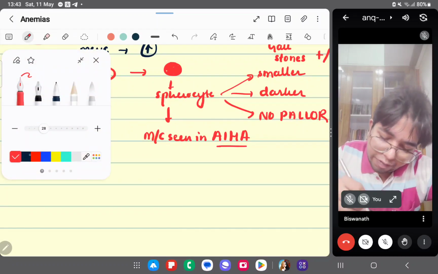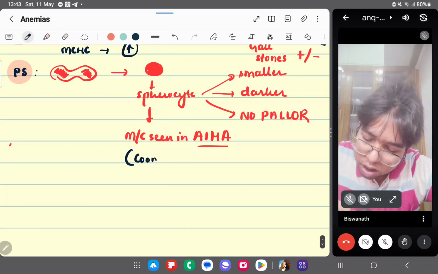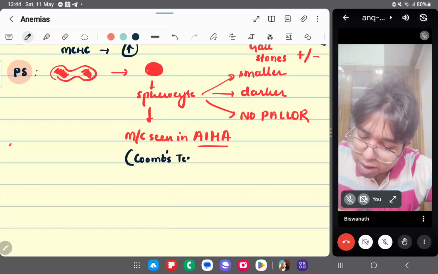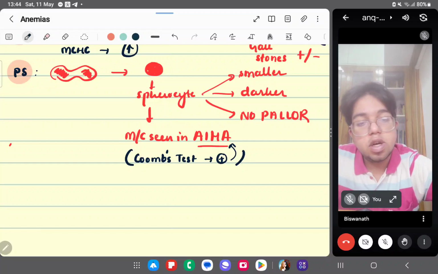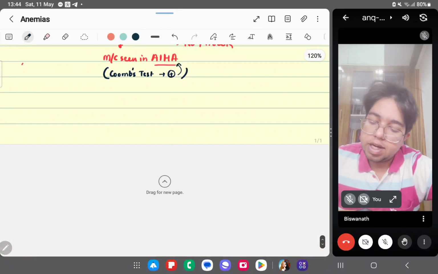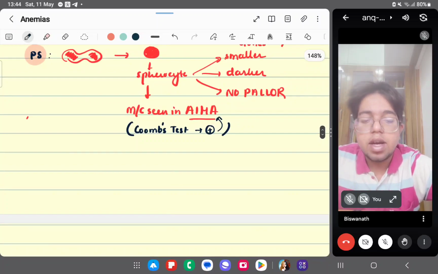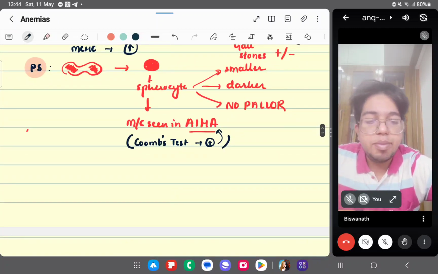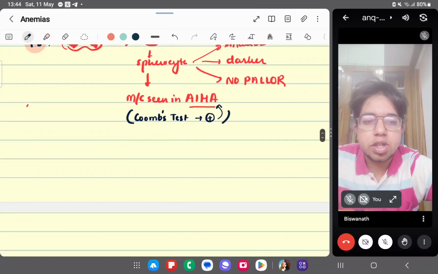So how can you differentiate autoimmune hemolytic anemia from this? We have something called the Coombs test. If it comes positive, then we'll call it autoimmune hemolytic anemia. But if it comes negative, then we'll know that there is hereditary spherocytosis, because mutations are rare, right? So hereditary spherocytosis is basically mutation related. Autoimmune hemolytic anemia is common, right? It's an autoimmune condition. It can occur.